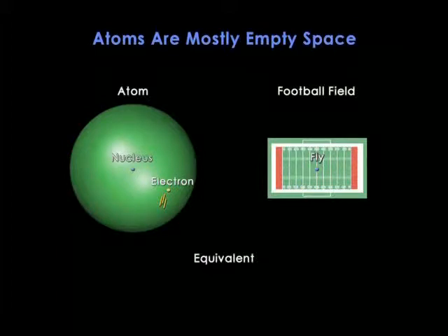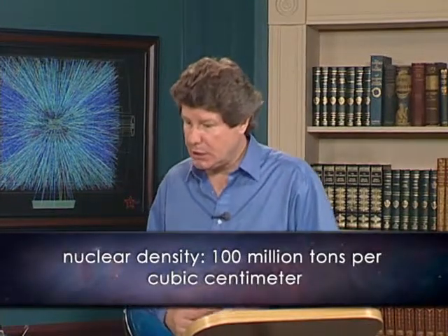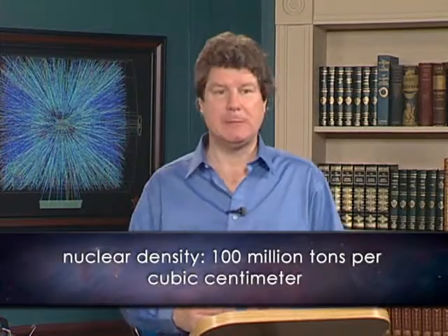Remove that space from atoms and you can fit the entire human population inside a sugar cube. Now that's nuclear density, 100 million tons per cubic centimetre. But the same story also applies to protons.